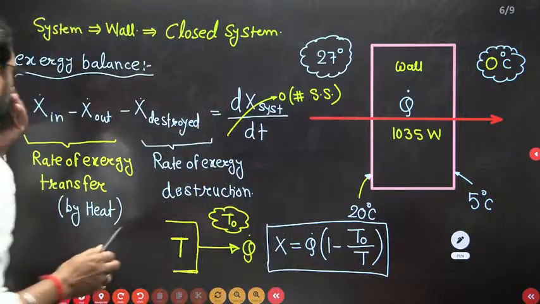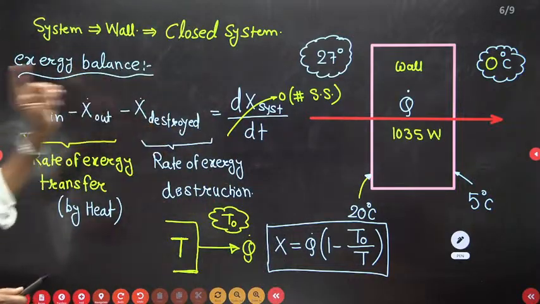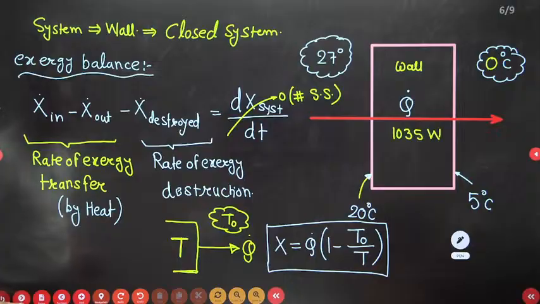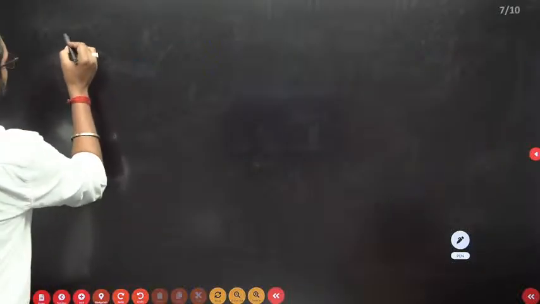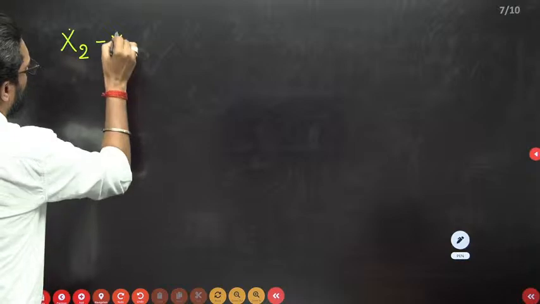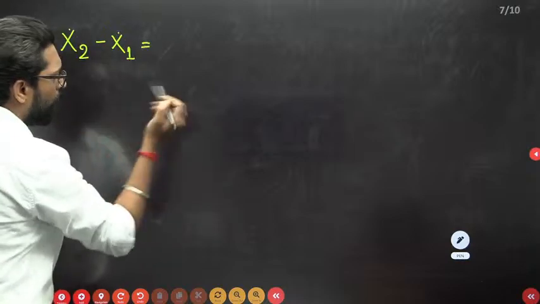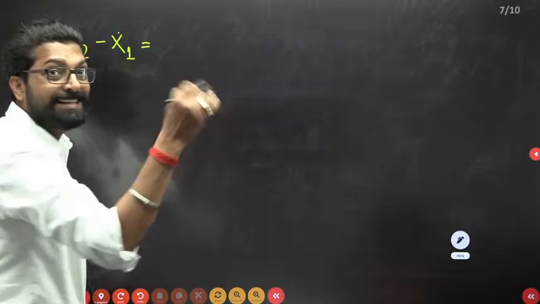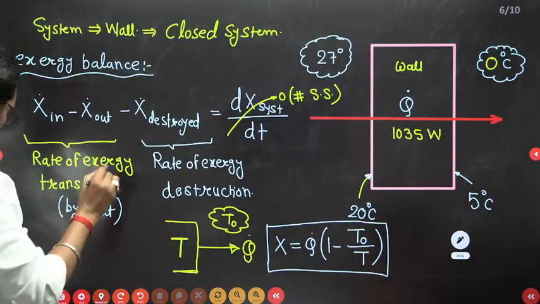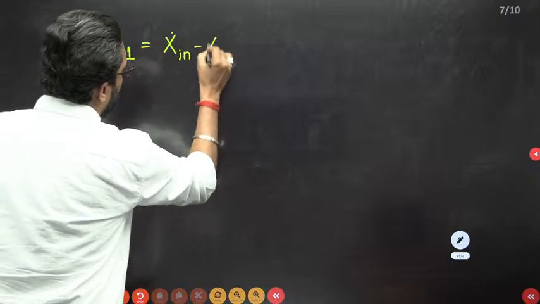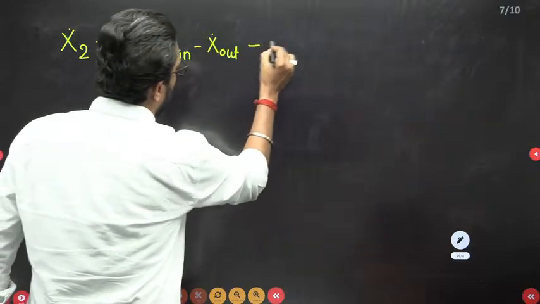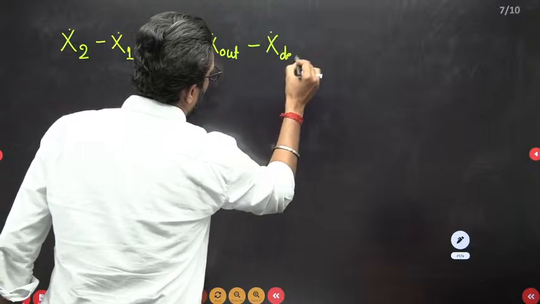See, the rate of exergy change: x2 minus x1 is equal to exergy transfer by heat, that means rate of exergy in minus rate of exergy out minus rate of exergy destroyed.